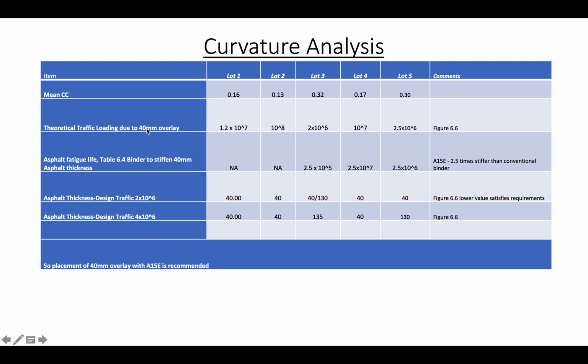overlay, it can carry 1.2 multiplied by 10 to the power 7 equivalent standard axles, which is higher than the design requirement for both. So you can see these are pretty much way higher than the design, so they can safely take on any traffic that is proposed.